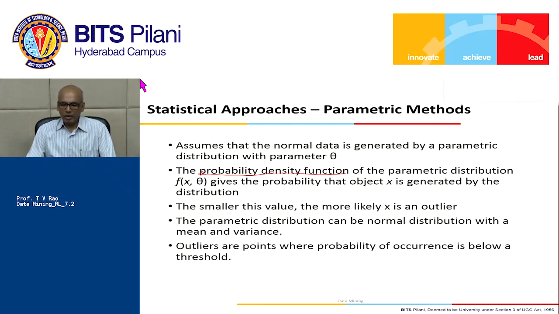Given an object, if we find that its probability density is very small, then it is likely that the object is an outlier. We may be able to get it for normal distributions with a given mean and variance, and there we can find the objects where the density is very small, or possibly below a threshold. Then we can say that those points represent the outliers.